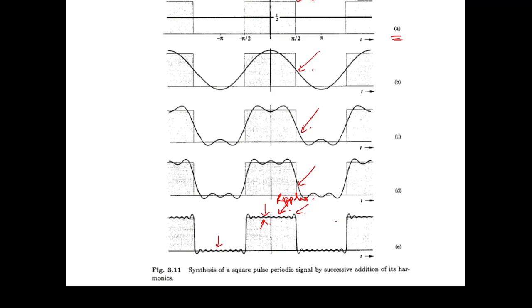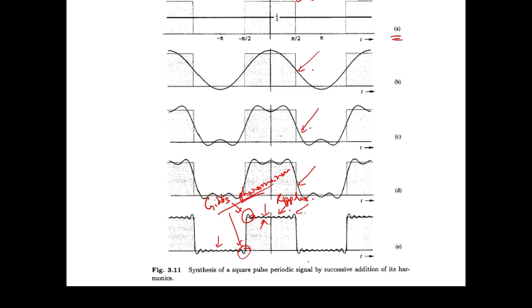Apart from that, at the discontinuities we have some increased amplitude values, and these are regarded as the Gibbs phenomenon.